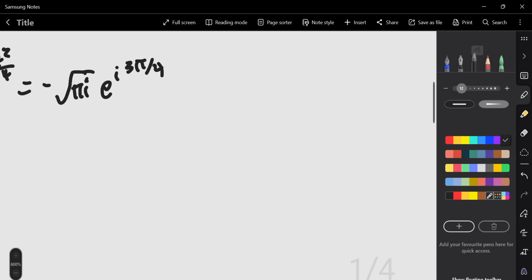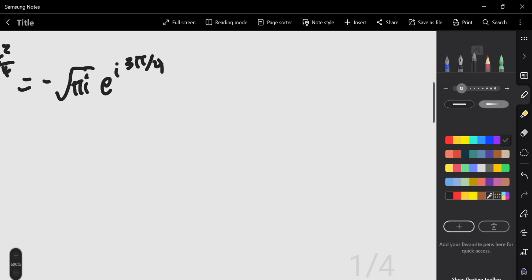Which is just going to be minus the square root of pi times i, the square root of i, e to the i. So breaking up that, you're just going to get minus square root of pi, e to the i pi over 4.